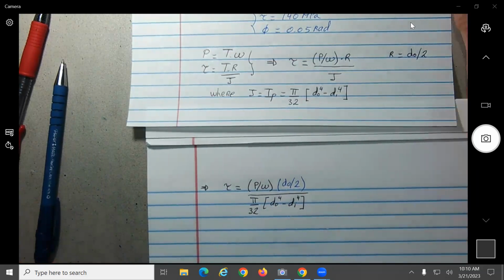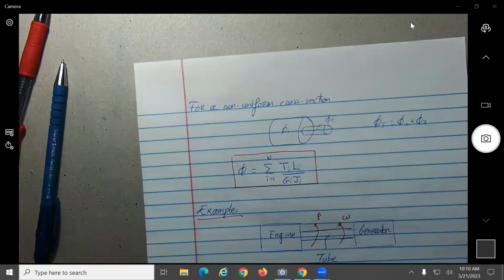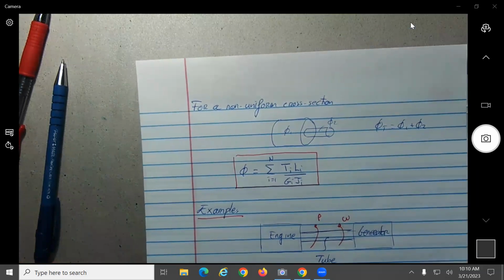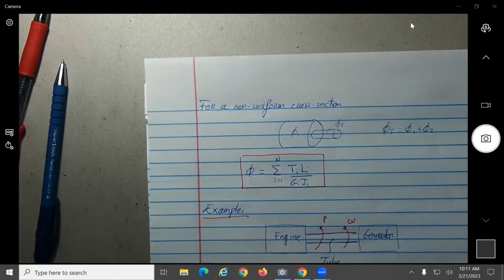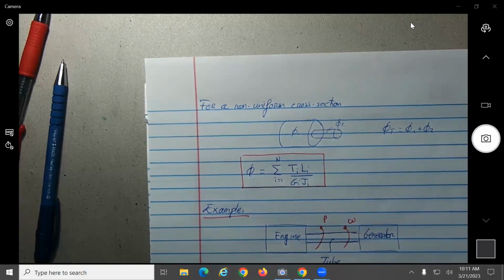Okay, I forgot to put some data over here for the problem. It's not that important, but basically we know the material will be A36 steel, for which G, we're going to need that for the angle of twist, is 80 gigapascals.